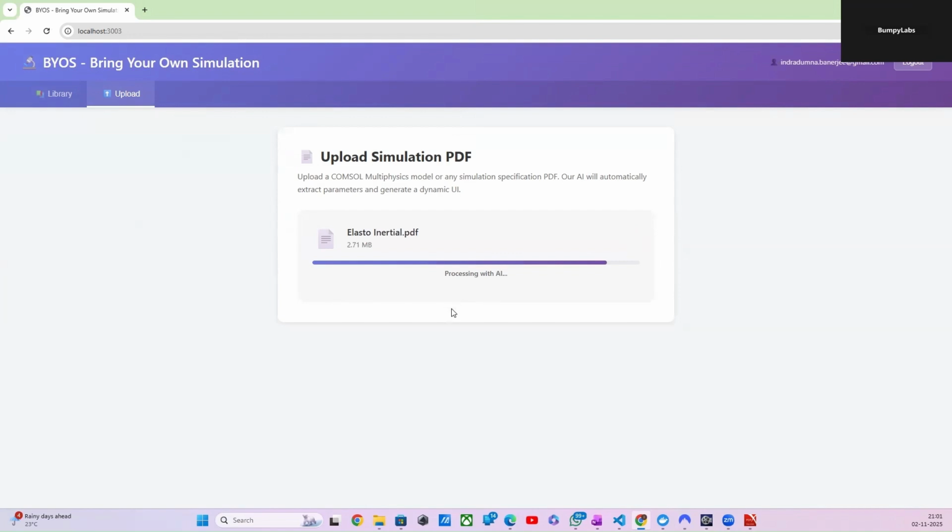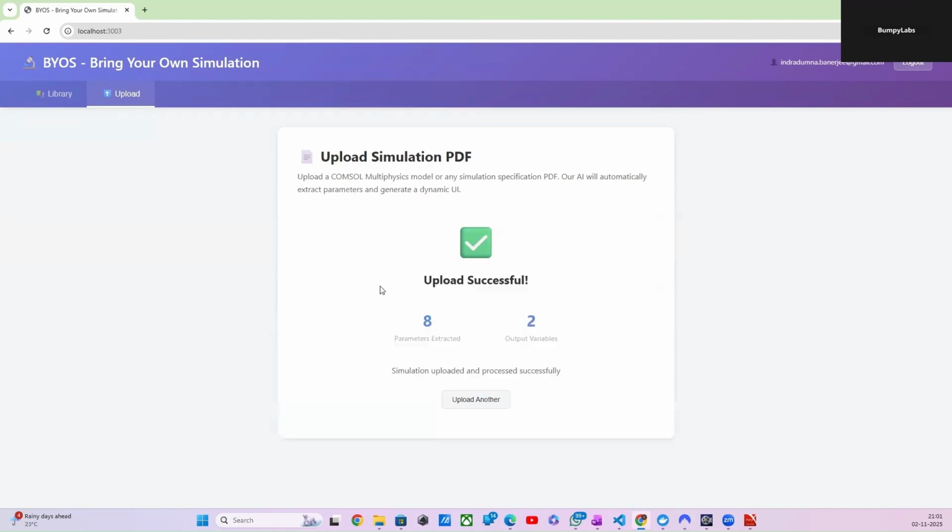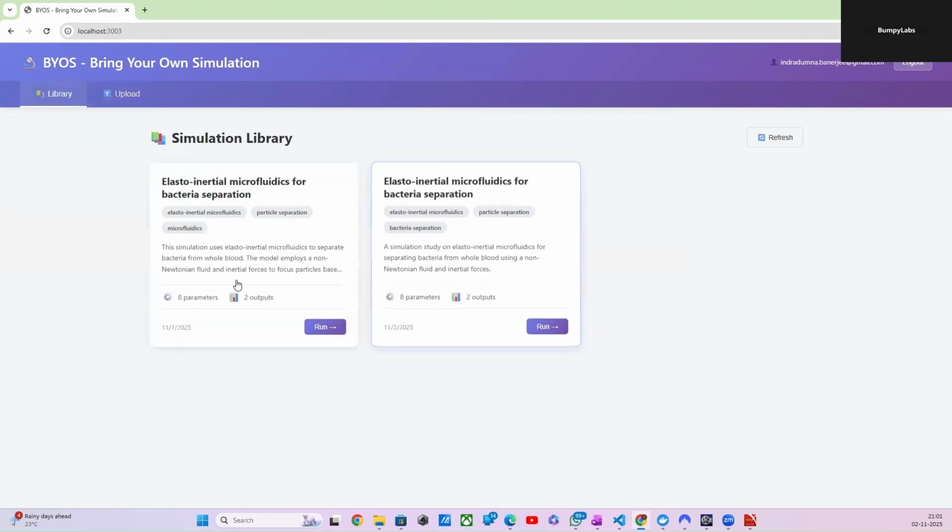So this will go through the loop. It has uploaded the paper. Now it will extract the parameters. You can see the upload is successful. I had uploaded this paper earlier also, but now we do the run again. It's the same paper that I showed you. So let's try to make this run, right?